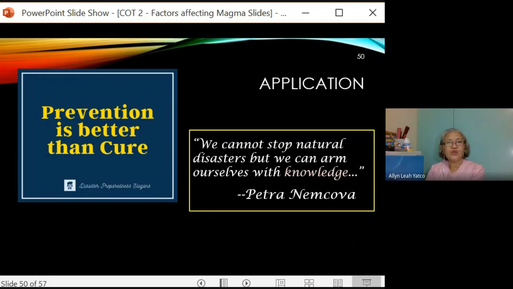However, according to Petra Nemkova, we cannot stop natural disasters, but we can arm ourselves with knowledge. The experience we had from last year's eruption more or less should have given us knowledge on how to prepare for such a disaster. We may not be able to prevent the disaster from happening, but we are able to prevent the hardship that we experienced during last year's eruption.